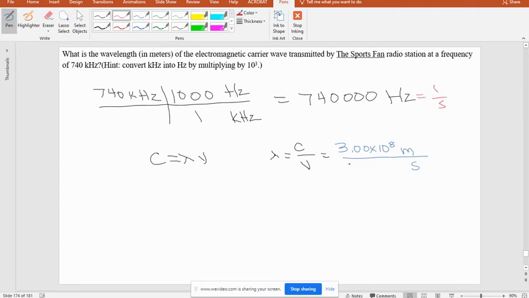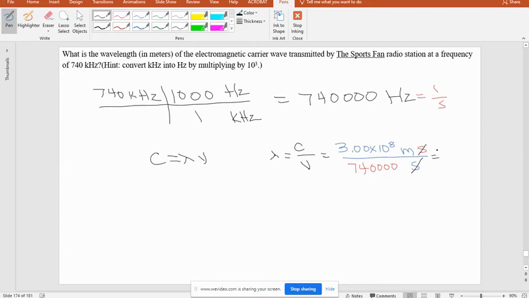So when I put this in, my seconds are going to go on the opposite side. And what ends up happening then is we end up canceling out our seconds. That leaves our units in meters, and that's what our wavelength is going to get measured in.